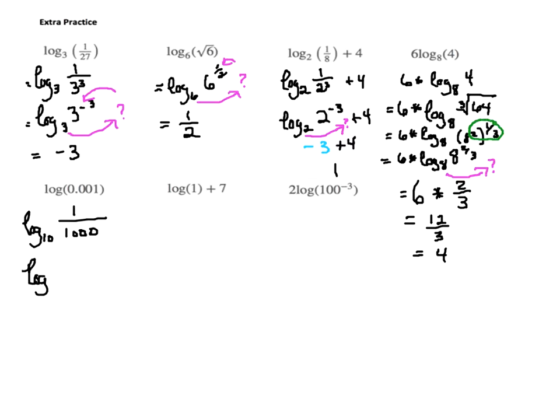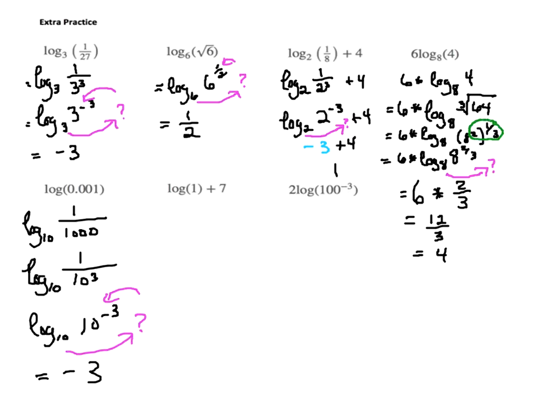That's the same thing as log understood base 10 of 1 over 10 cubed. I can bring that up, 10 to the negative third power. Now the question is, what can I raise 10 to, to raise 10 to the negative third power? Well, that has to be negative 3.